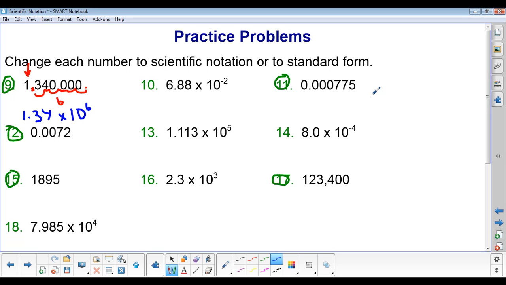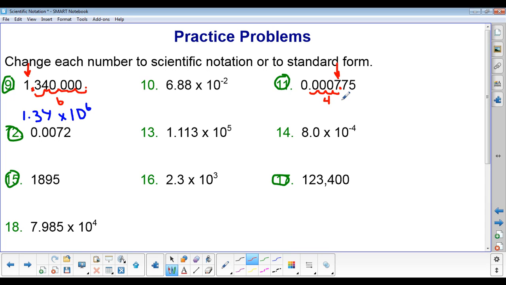Now, what do we do if it's a decimal? It works a similar way. I still need one digit in front of the decimal, which means I'm going to need my decimal to move between these two 7s. In order for that to happen, I need to move it 1 time, 2 times, 3 times, 4 times.